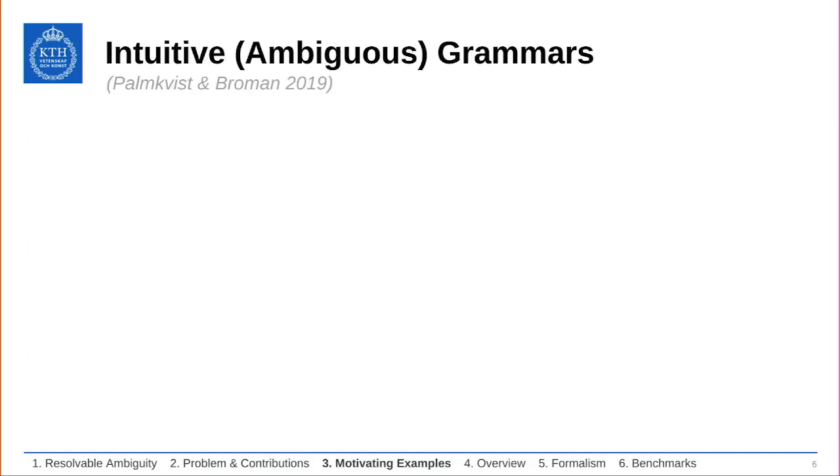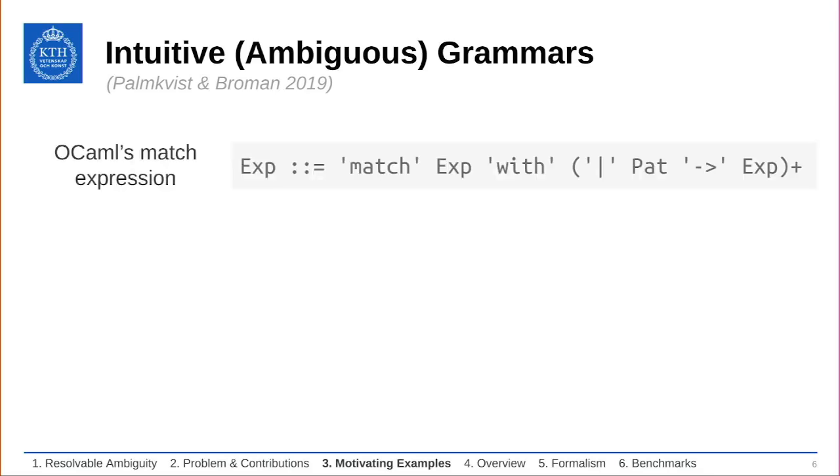But I promised that I would argue for ambiguity in programming languages, and I haven't gotten to that yet. So let's do that. The first motivating example that I would like to bring up is that if you write an intuitive grammar for something in your language, it's quite easily ambiguous. This is a slightly simplified production that shows match expressions in OCaml.